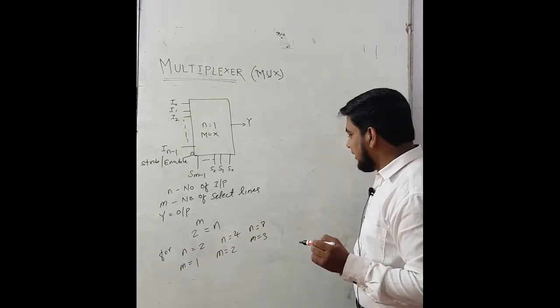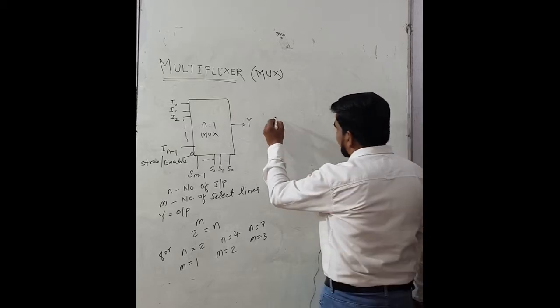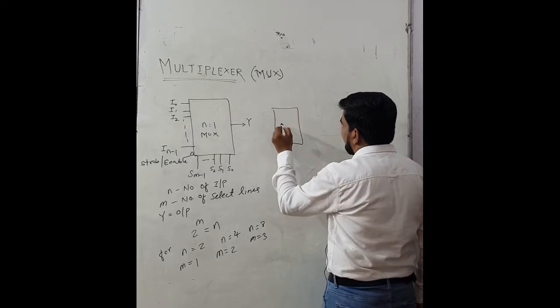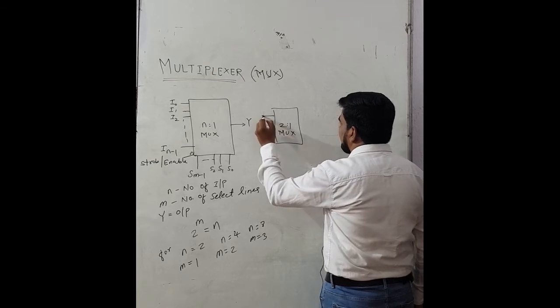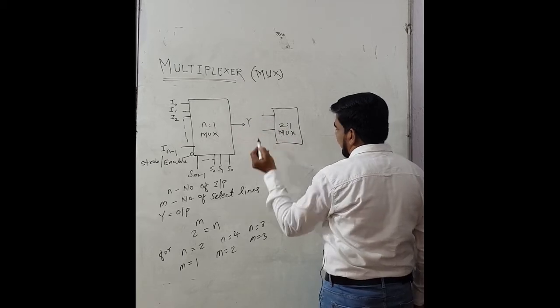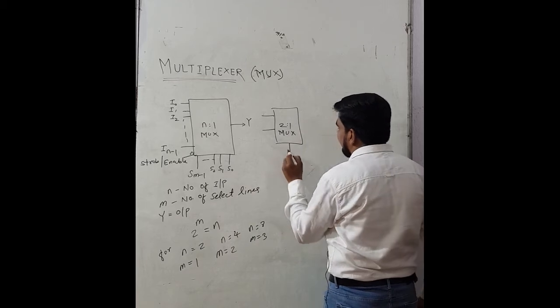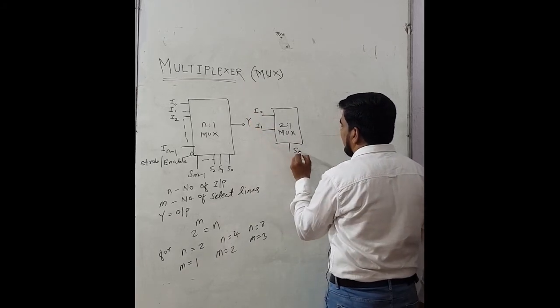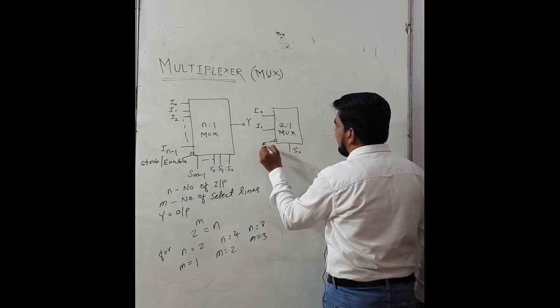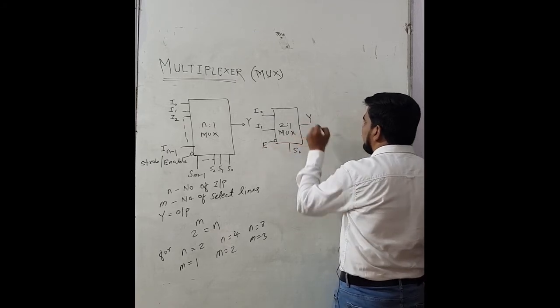Now you can design the multiplexer in various configurations, like the 2:1 mux. The 2:1 mux has two inputs. How many select lines? One select line. I0, I1, S0, this is enable, and one output.